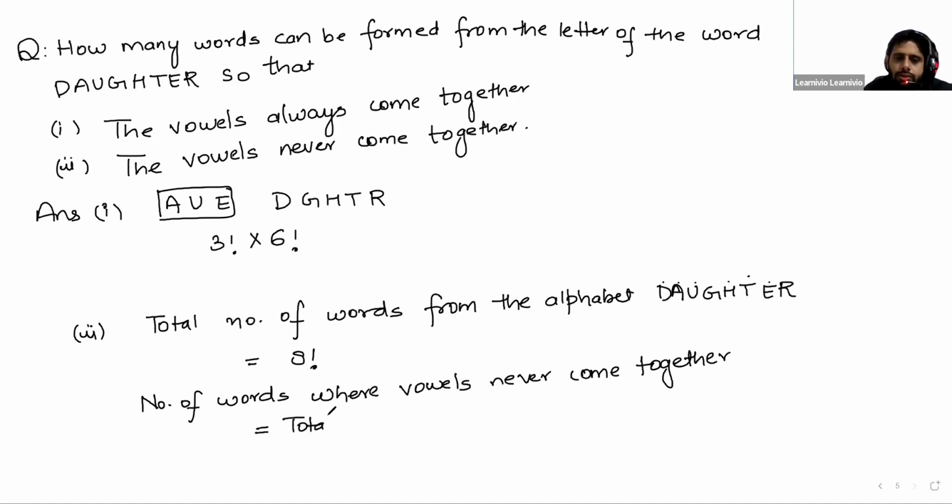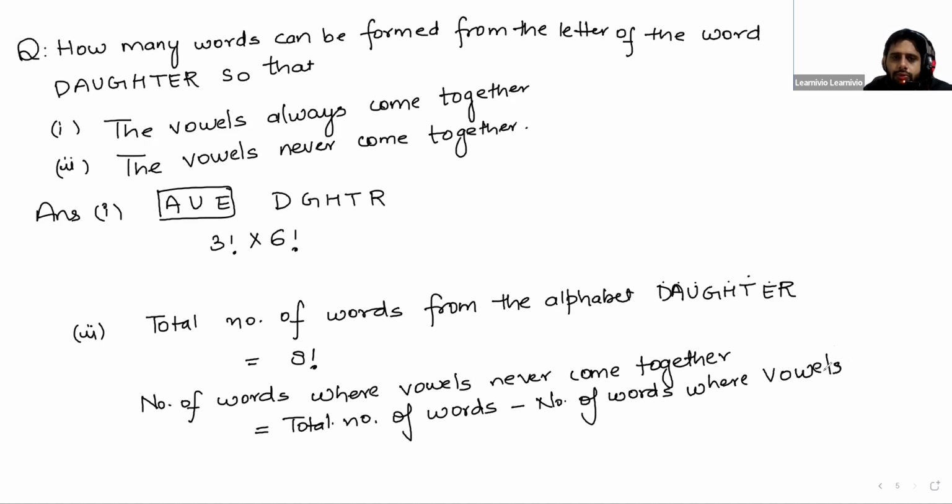Total number of words minus number of words where vowels always come together. Okay.